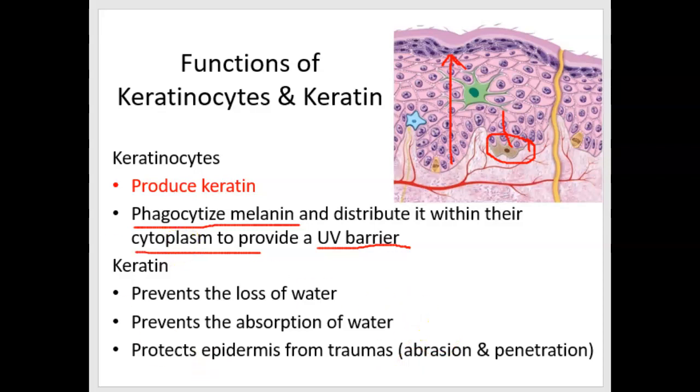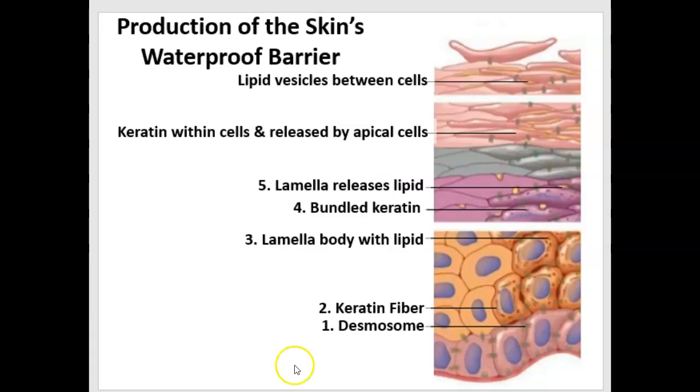Now let's talk a little bit about the water barrier. Most has been discussed, but I want to summarize it for you. I think skin's amazing, that it's such a waterproof barrier. It's just the coolest thing.